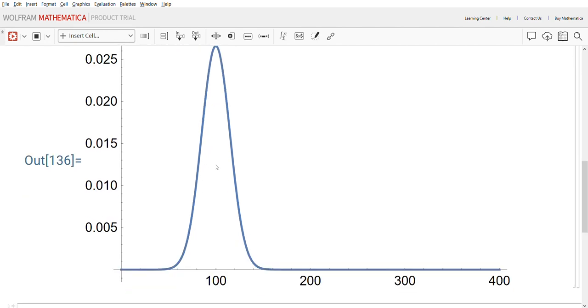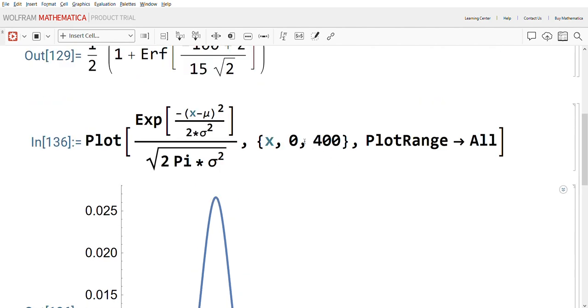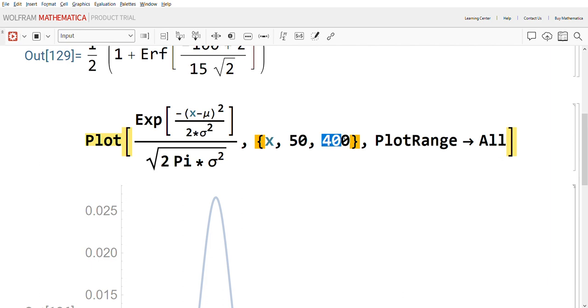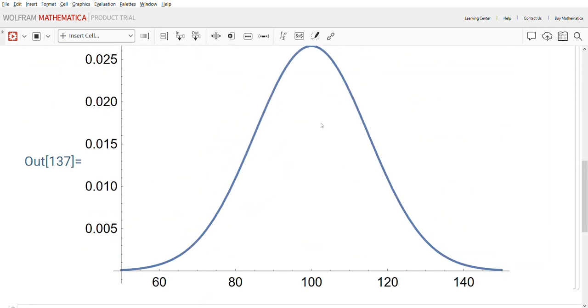Wow. Okay, so as you can see, it's pretty monotonous past 150 and below 50. So I'm going to switch to 50 to 150. Oops, 50 to 150. And now that's how the bell curve looks.